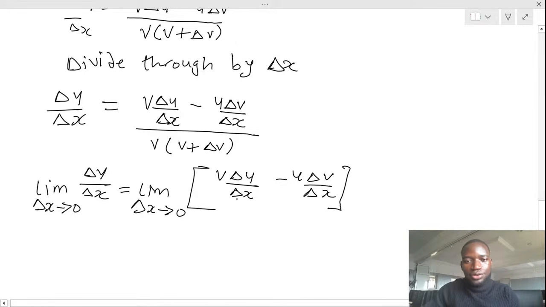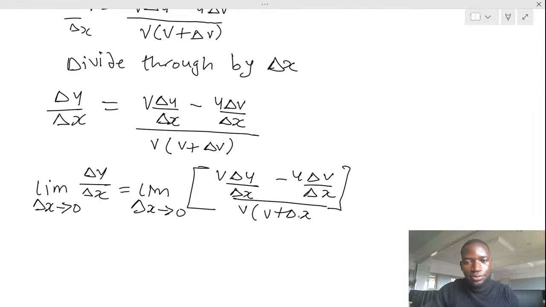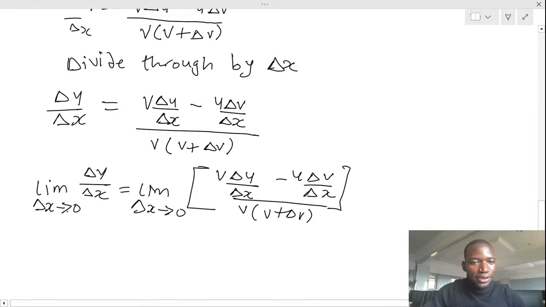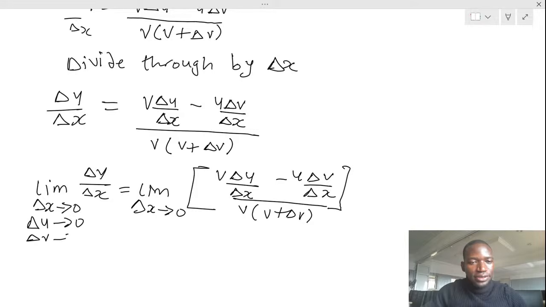One thing we should note here is that we're not having delta x alone. We also have delta u and delta v. So we are taking the limit also as delta u tends to 0 and as delta v also tends to 0.